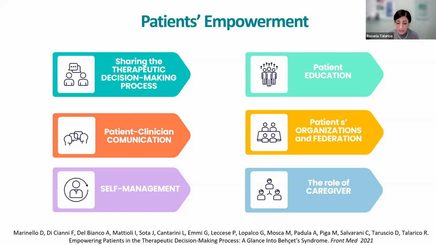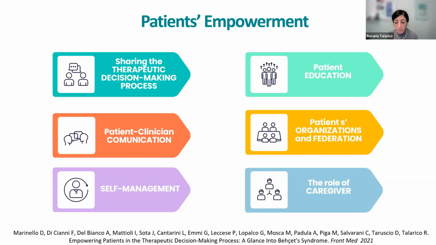But another point that it is mandatory to be considered for our connective tissue disease, when prescribing or monitoring the immunosuppressive therapy that patients take and clinicians prescribe, is to try to educate also on self-management.